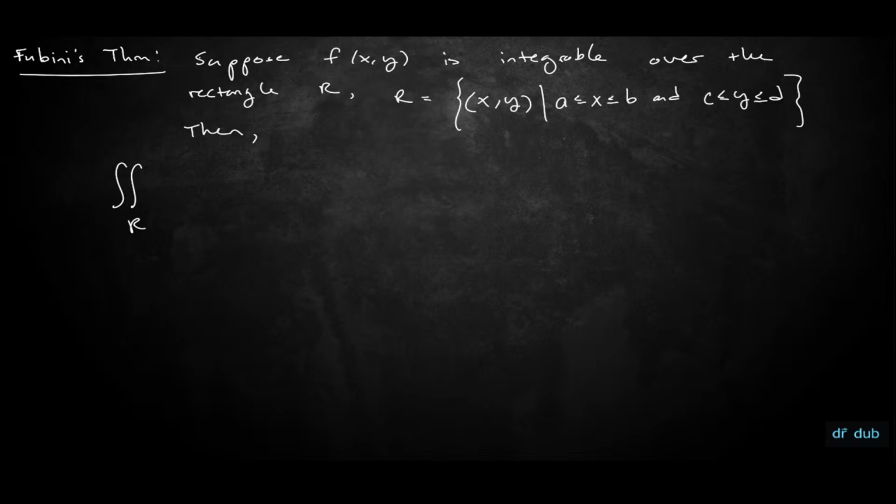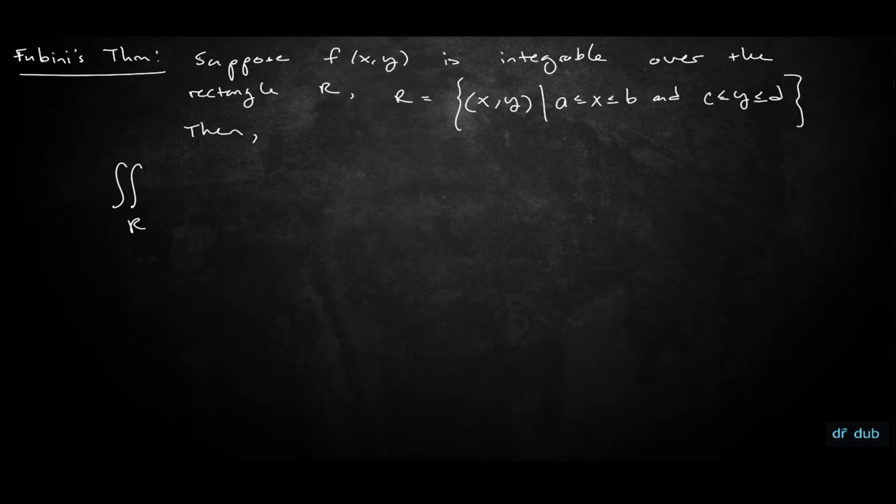So number one, the double integral as defined by the limit of a double sum can be calculated by an iterated integral, and number two, the order of integration doesn't affect the value.